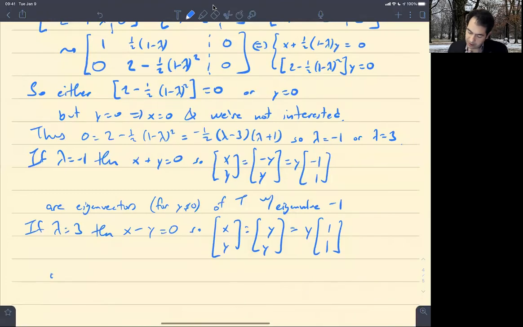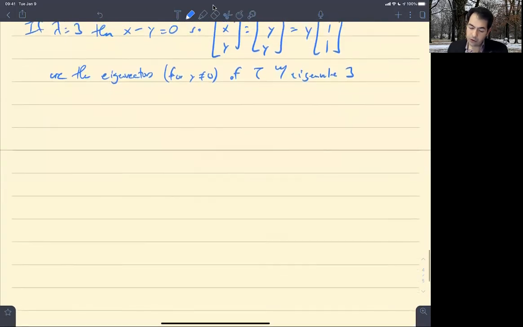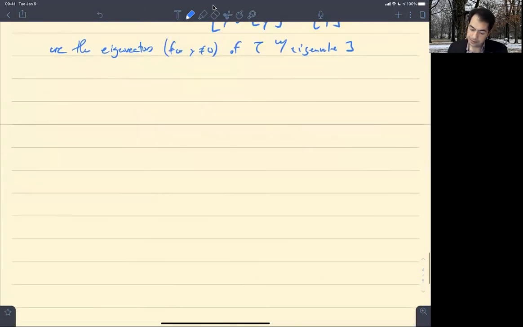And these are the eigenvectors, as long as y is not equal to 0, of T with eigenvalue 3. Okay, let's do one more example.